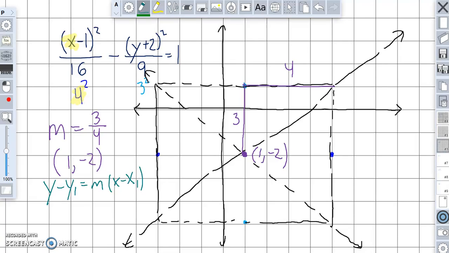I can fill it in with my information: y minus -2 equals 3/4 times (x minus 1). I can clean that up to look like y plus 2 equals 3/4 (x minus 1). That's one of my equations, the line with the positive slope. That's this line.